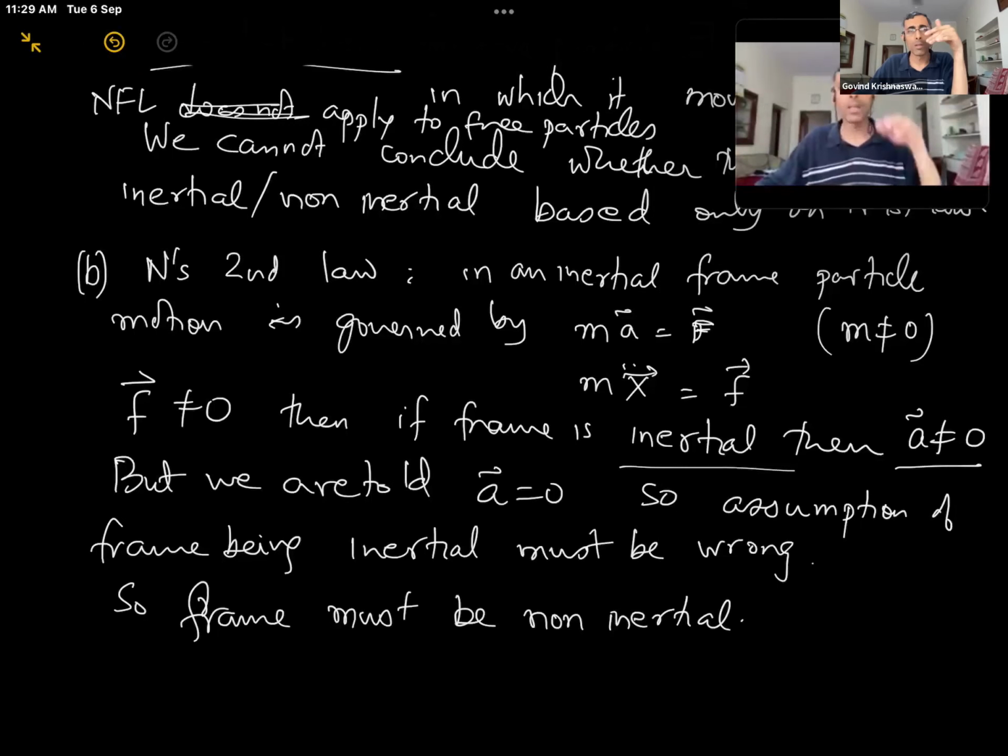I will say, with the benefit of hindsight, that there is something to be said for separating Newton's first and second laws. If you want to combine them, you will have a longer statement. You might as well keep them separate. I believe logically one is a development over the other. But you will see that when we extend this to other contexts, it is very useful to know whether Newton's first law continues to hold or doesn't hold.